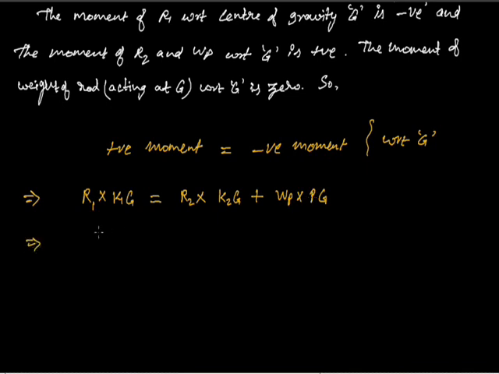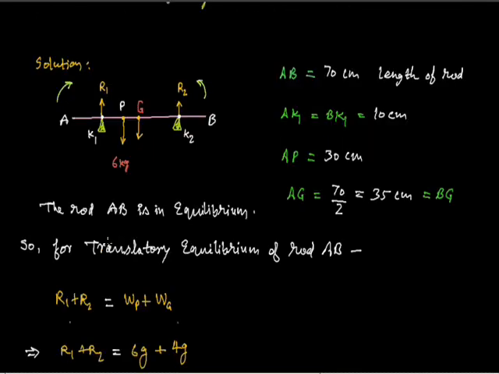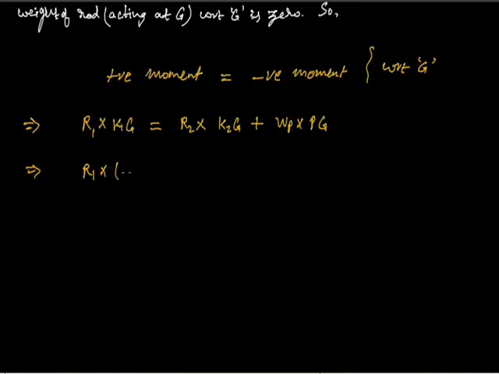As we know the values, so it will be R1 multiplied by K1G as AG minus AK1 equals R2 multiplied by K2G, which is equal to BG minus K2B, plus WP multiplied by PG, which is equal to AG minus AP.